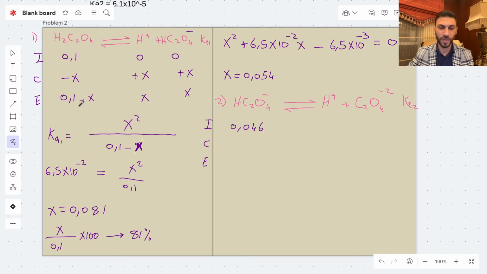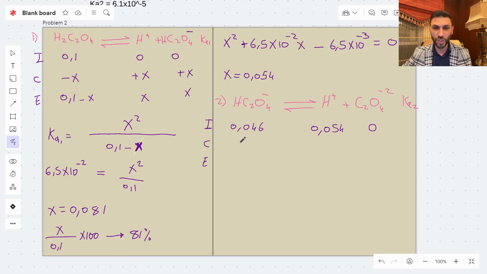The concentration at equilibrium, 0.1 minus x. And for H positive, it's x. So I'm going to write here 0.054, the initial concentration for the proton, or for the hydrogen ion. And for the C2O4 negative 2 it is 0, because we didn't have any of this ion in the first step.